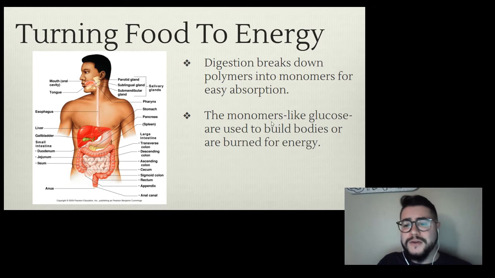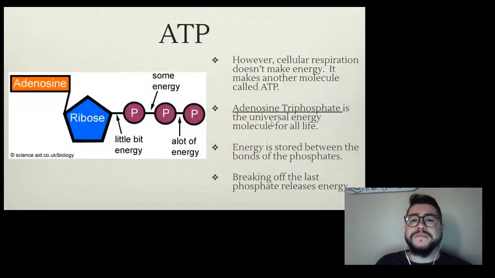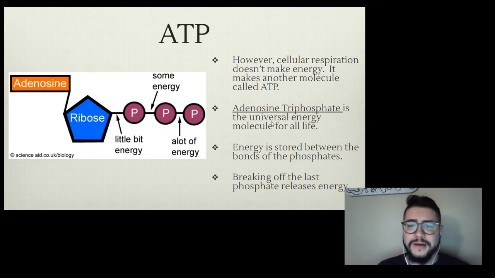Those monomers can then be broken down and turned into ATP. ATP is the energy source that your cells like to use. ATP stands for adenosine triphosphate. It is basically the universal energy molecule for all of life.